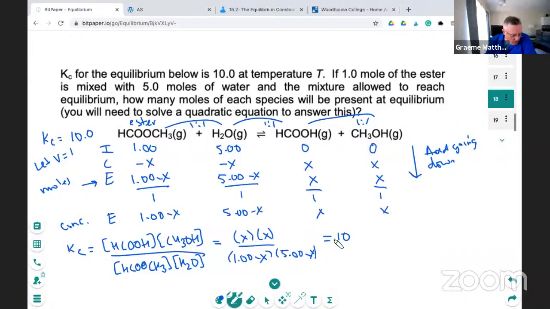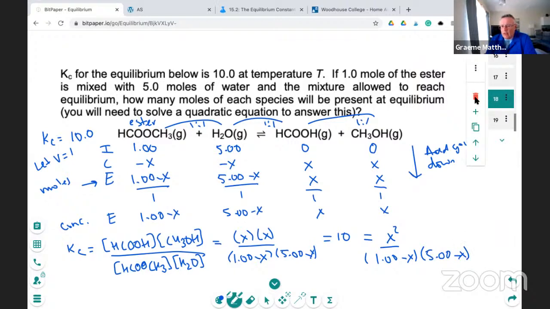So what we're going to do now is put this into a quadratic equation, don't I? Because you're thinking this is equal to x squared over 1 minus x and 5 minus x, right? Okay, so new page, put this into a quadratic equation.